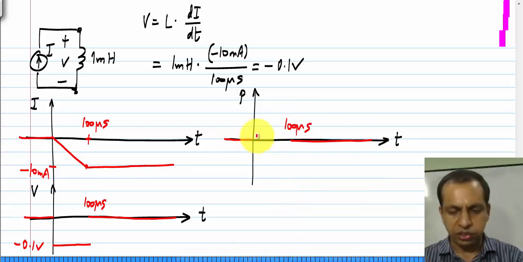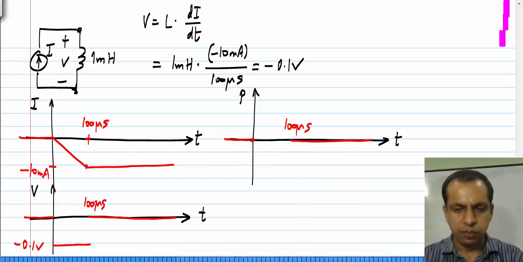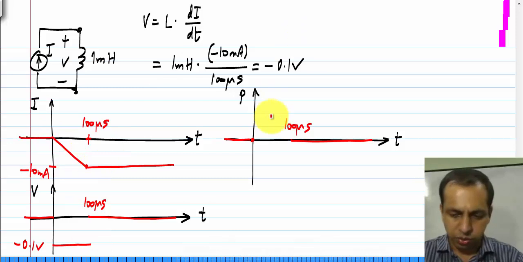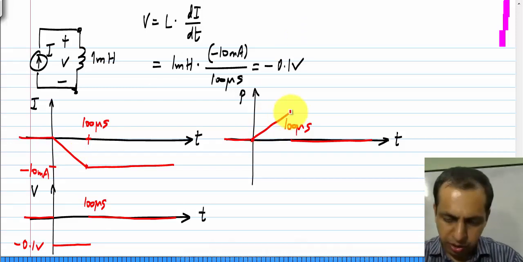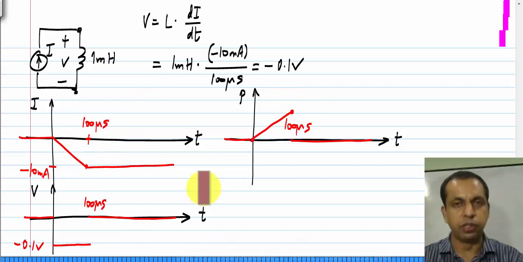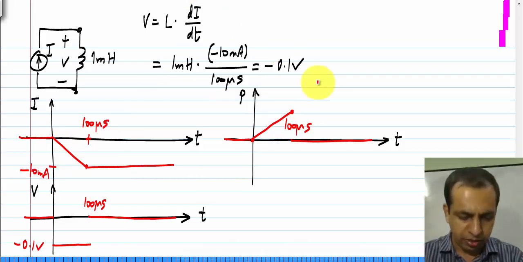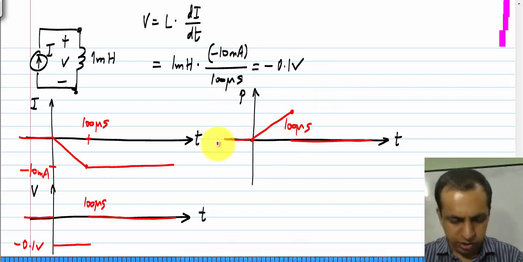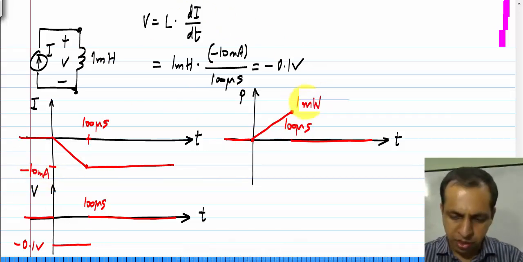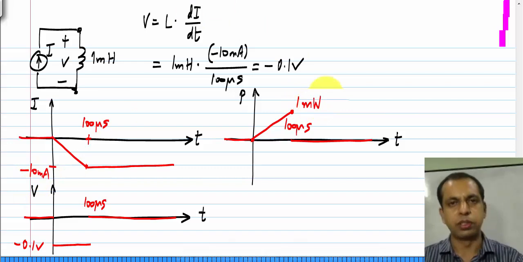And between these two, between 0 and 100 microseconds, it is the product of this constant and this straight line. So, it will be a straight line which has positive values, because both the current and voltage are negative, and this value is the product of these two, which happens to be 1 milliwatt.